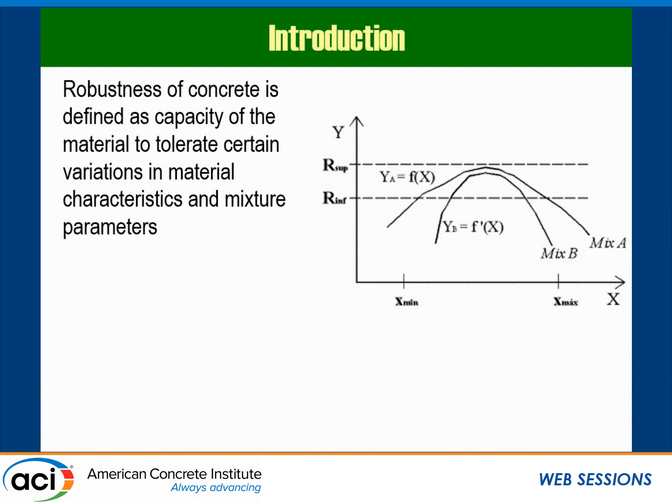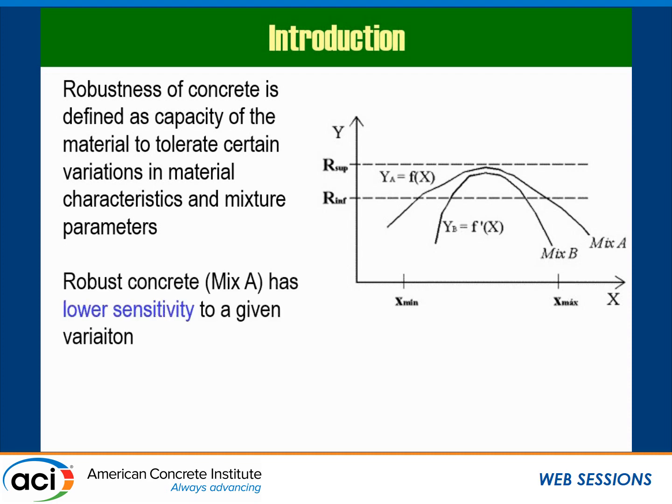So the approach here is to look at what happens when we use viscosity-enhancing admixtures to increase the viscosity and the robustness. You can think about it as this box of sweet zone that Joe was telling us about, where yield stress and plastic viscosity meet to make the concrete have both high passing ability and high stability. If you look at two mixtures here, mix A is more robust.